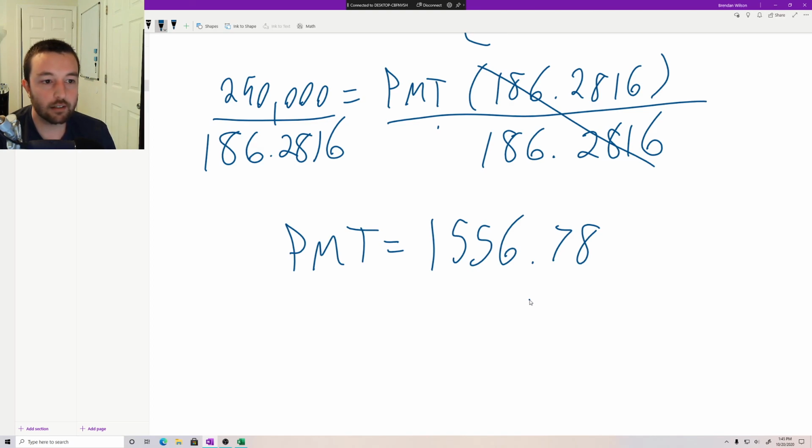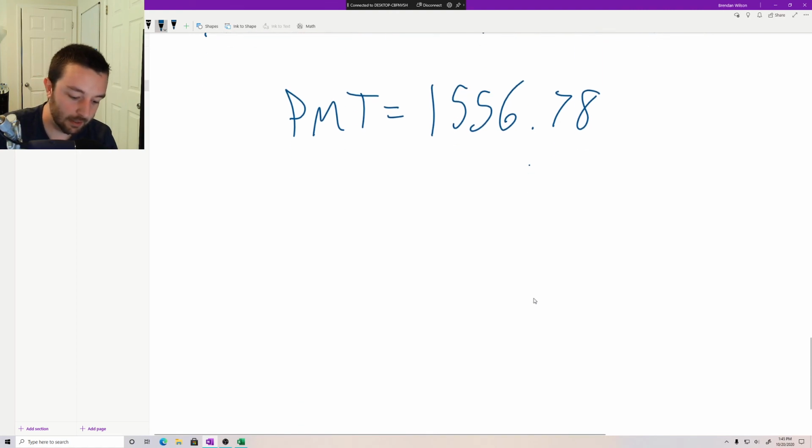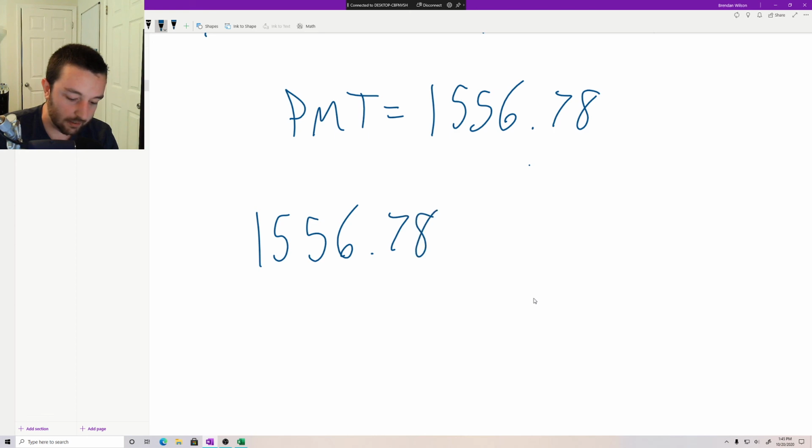Like I said, the 290,000 is how much the bank is paying to the seller. That's how much the seller is getting. How much are you actually going to pay over the lifetime? Well, 1556.78 times, if it's 30 years, then you're making 360 payments, right?